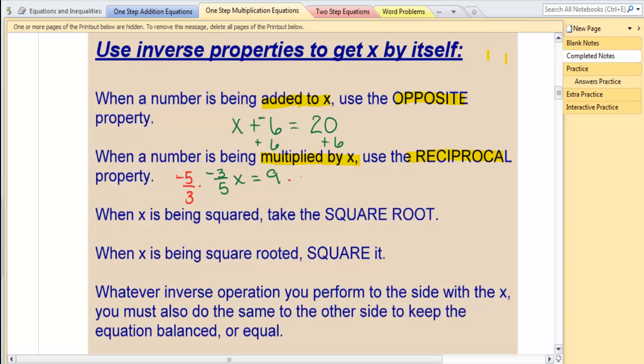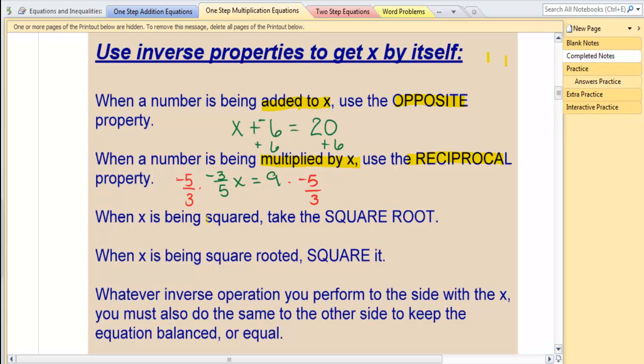And this is what we practiced in this section. When x is being squared, we take the square root of both sides. So in this example, we would take the square root of both sides. When x is being square rooted, we square both sides. So in this example, we would square both sides.